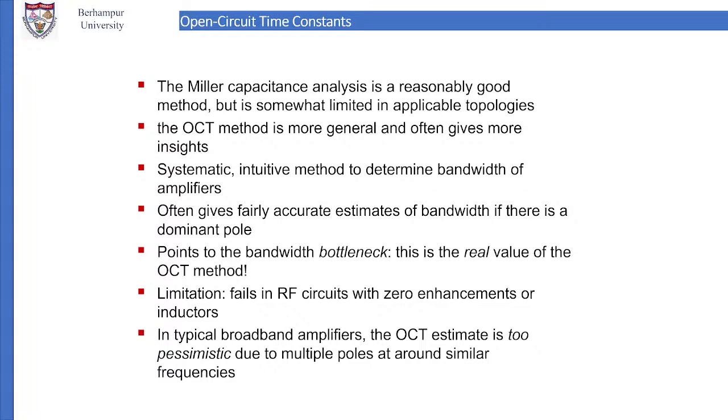Then we will come to the open circuit time constants that are associated with these amplifiers. The open circuit time constant is what we are going to discuss. The Miller capacitance analysis is actually a reasonably good method to know this, because you know the time constant.